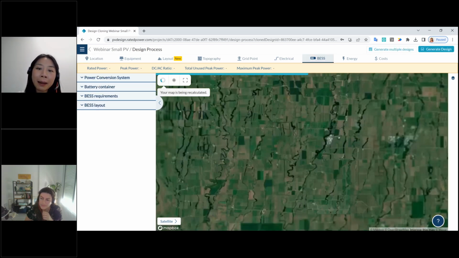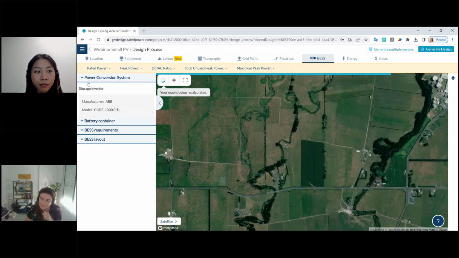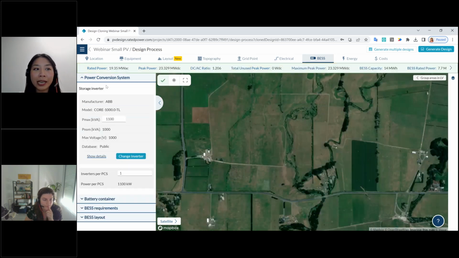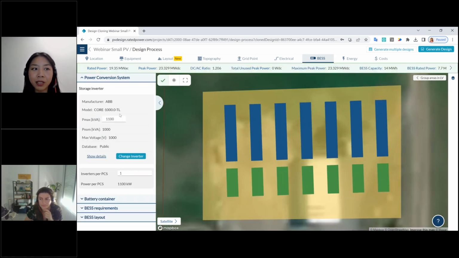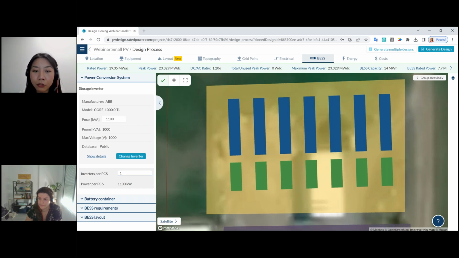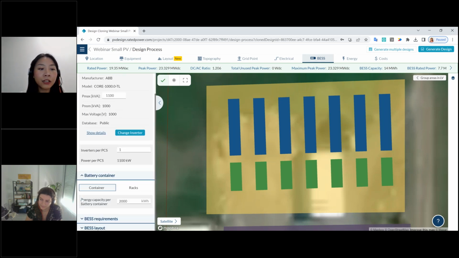In the BESS design page, users will be able to select the power conversion systems they want to use by selecting a storage inverter first, and then choosing how many inverters of that capacity they want to include per power conversion system. These will be indicated in the green boxes on the preview of our layout. Then the users can choose battery containers.